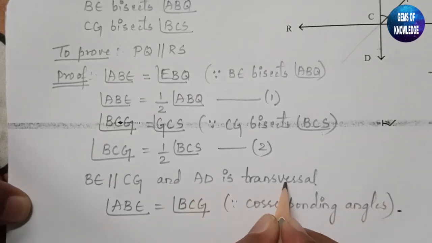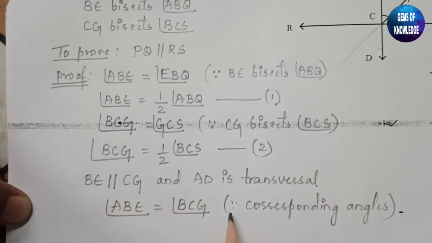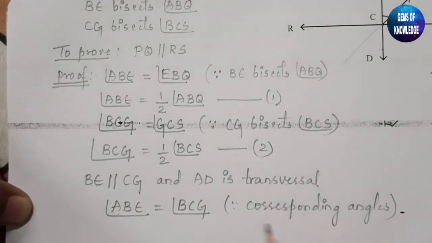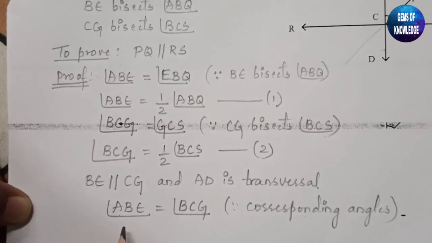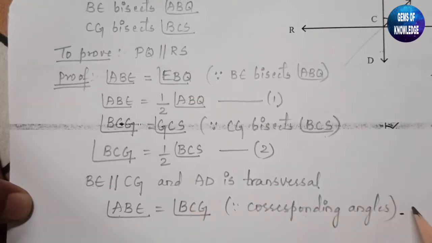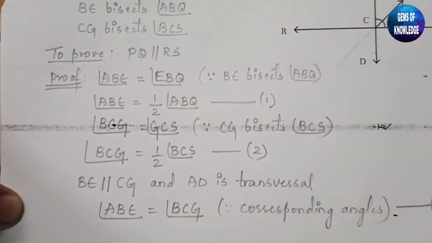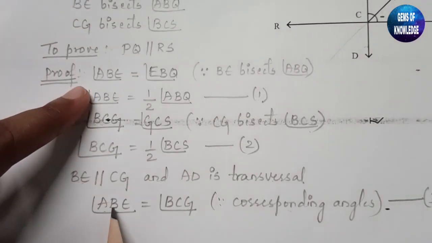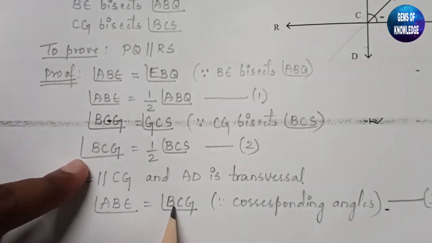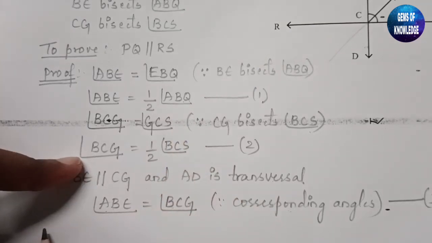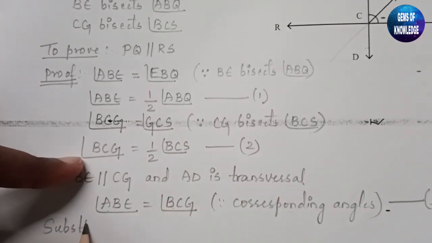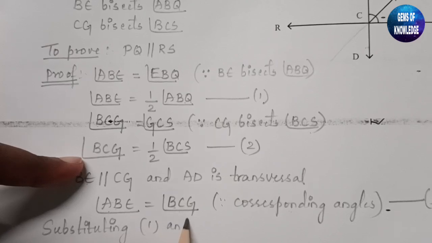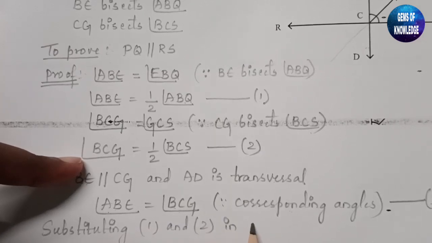Since this is a transversal and these both are parallel, we can write this angle is equal to this angle, both are corresponding angles. We will consider this as equation 3. Now substituting equation 1 and 2 in equation 3.